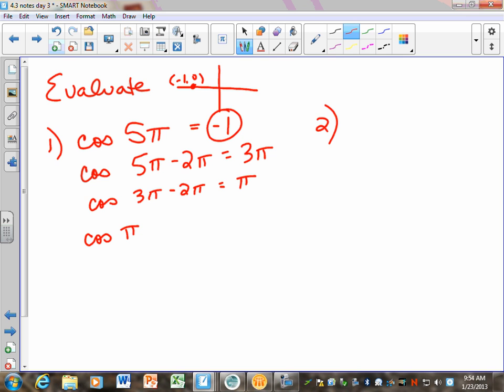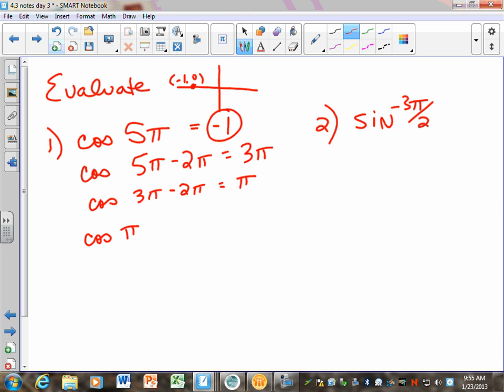And then my last one here is, what if I said find the sine of -3 pi halves? And again, I want to give you two options here of how to do this. One is using what we've been doing.